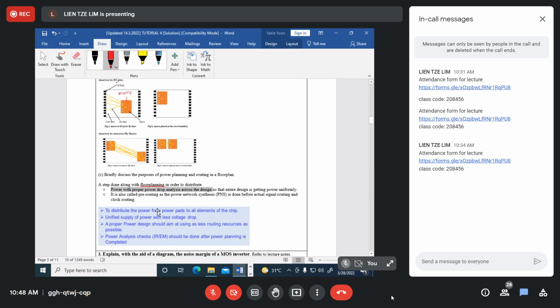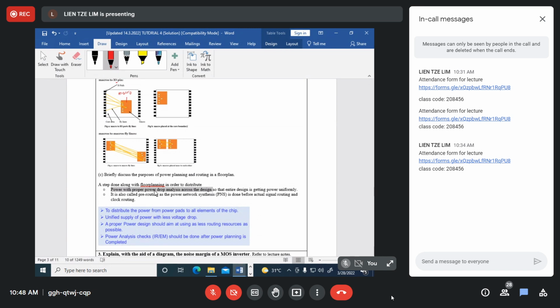It is called pre-routing as the power network synthesis (PNS) is done before actual signal routing and clock routing. After we place the macro and cells, we also need to determine the power and ground routing, and also the routing for the signal. Before the signal routing, we must have this power planning and routing.